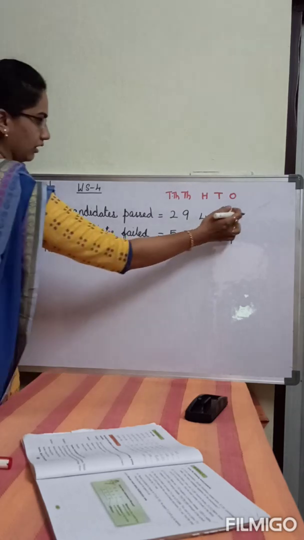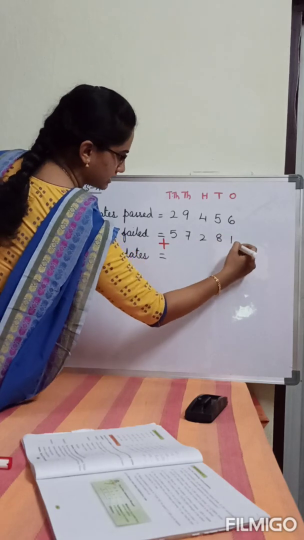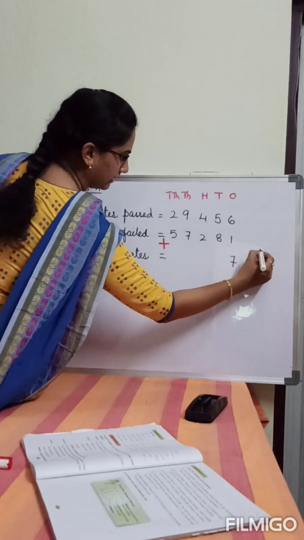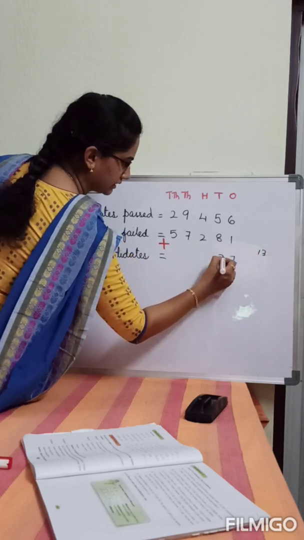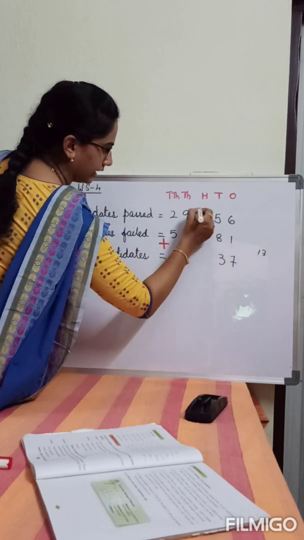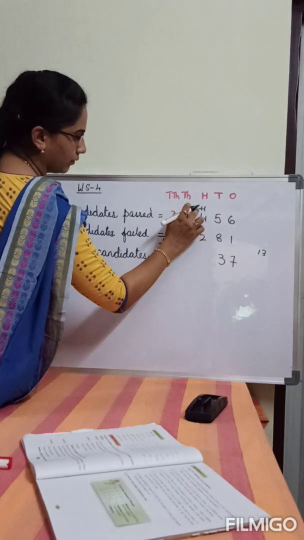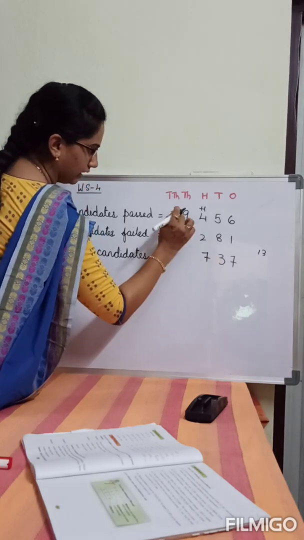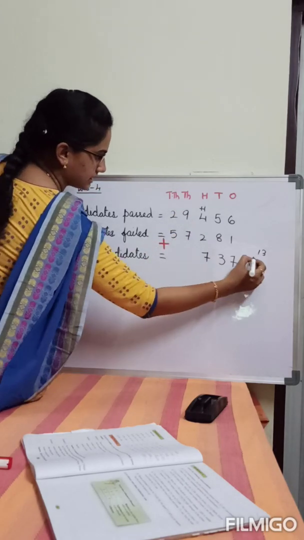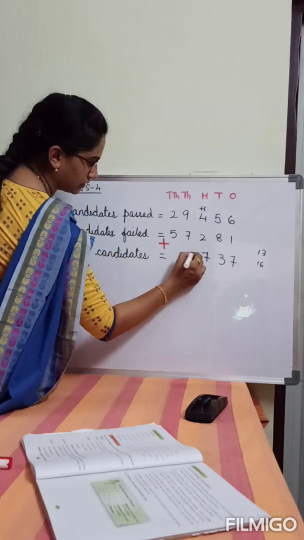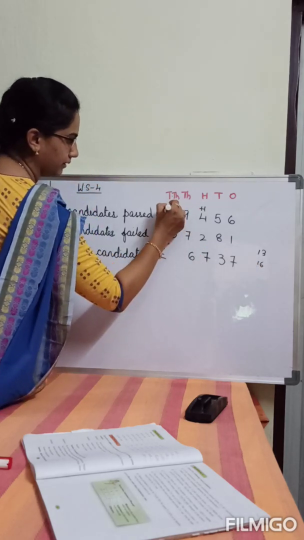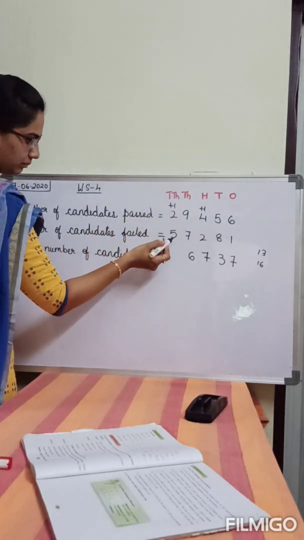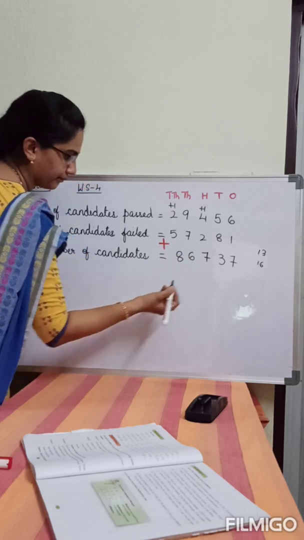We will start from the ones column. 6 plus 1, 7. 5 plus 8, that is 13. 3 will sit in the tens place, 1 is carry forward. 1 plus 4, 5, 5 plus 2, 7. 9 plus 7 is 16. 6 sits in the thousands column, 1 goes to the 10,000s column, carry forward. 1 plus 2, 3, 3 plus 5, 8.